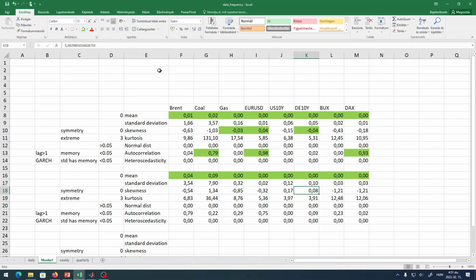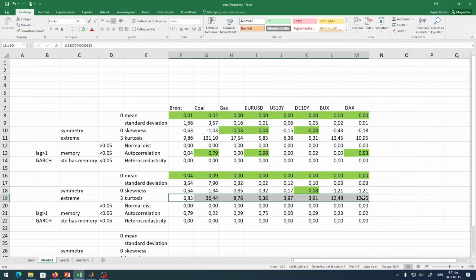Still, German bonds kept their close to symmetric nature, but we can see that the rest is destroyed. And also we can see that the sign was negative before, now it's positive. So practically this is a missing data situation, which is usually not considered, but we can see that it has additional bias if we are changing the frequency.